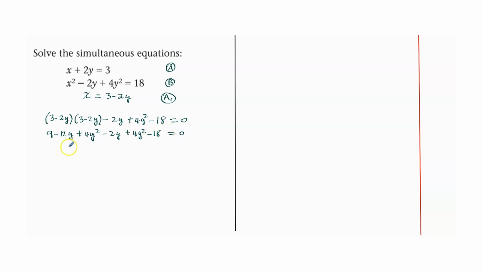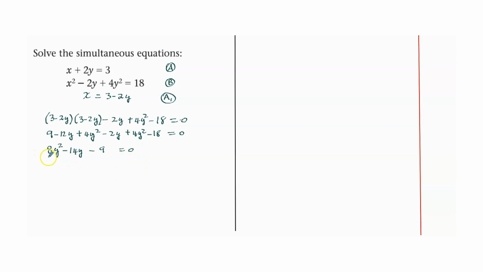Let us simplify and solve. So that would be 4y squared plus 4y, that's 8y squared. Minus 12y and minus 2y, that's minus 14y. 9 minus 18, that's minus 9. And that equals to 0.